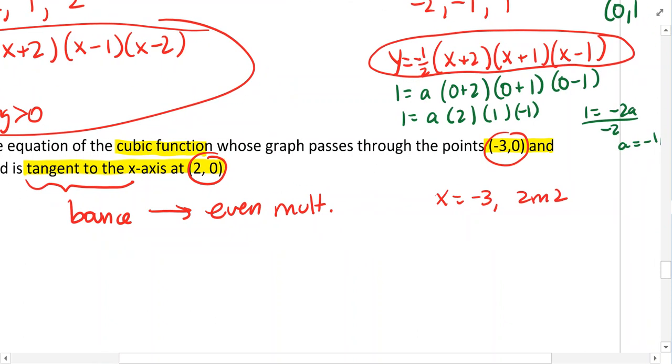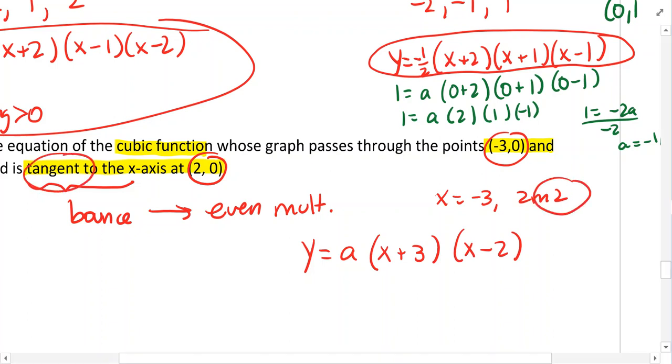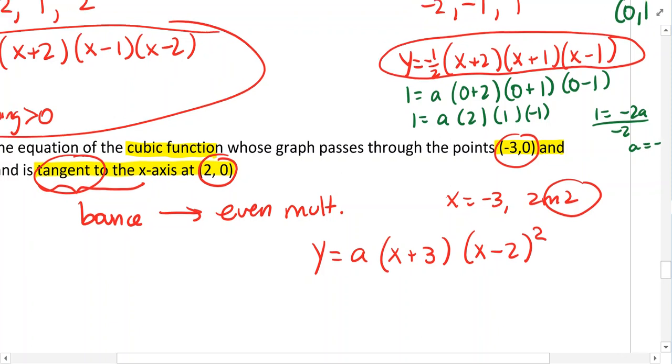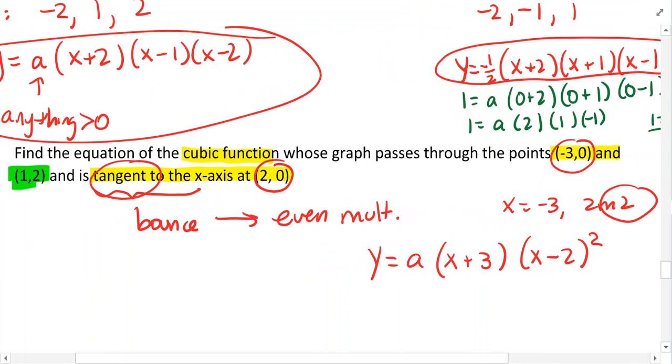So we'll start with y equals a, x plus 3, x minus 2. And then because of that multiplicity, the phrase tangent, say square on that. Now, that 1, 2, lovely point, but not an x-intercept.